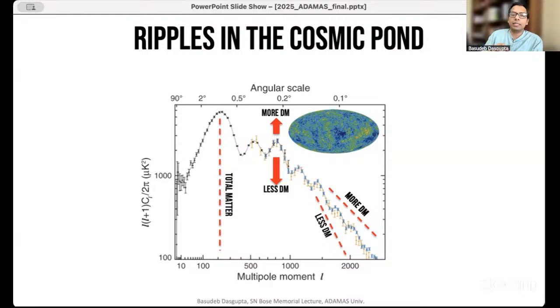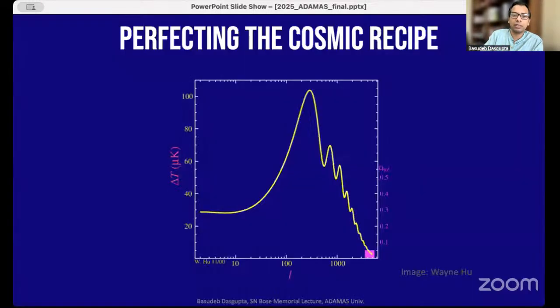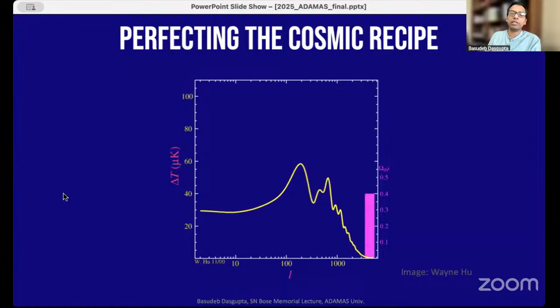And we find that you cannot fit this curve if you set the amount of dark matter, this matter which does not couple to radiation, to zero. In fact, this third peak goes up and down depending on if there is more or less dark matter. And here is a very convenient video that shows it.